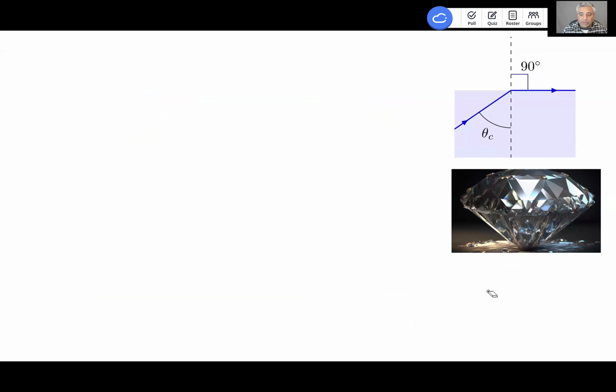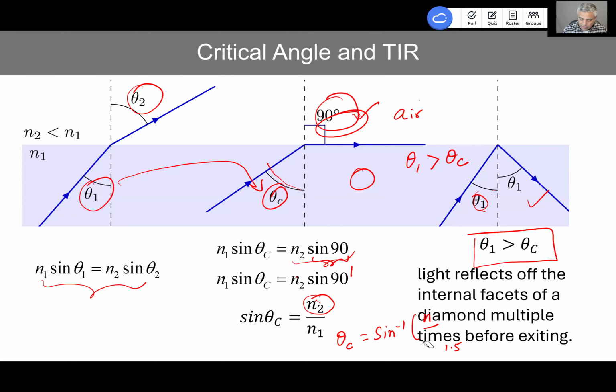So there are a lot of uses. We make use of it in our daily life. So for example, the shiny diamond, you see, basically it's shining so much like that because of the total internal reflection. I think I wrote that one over here.